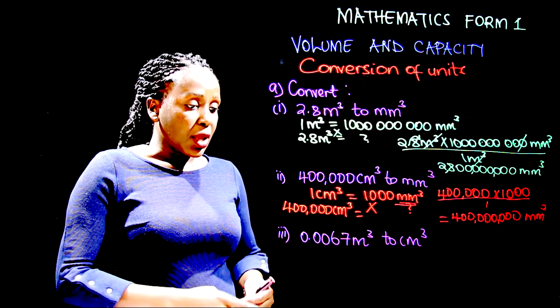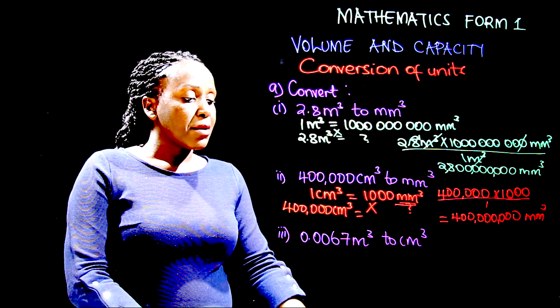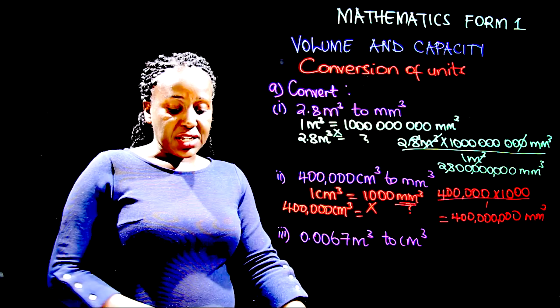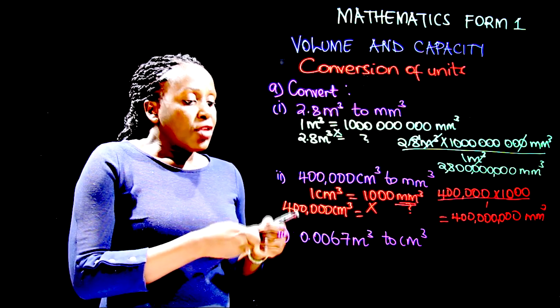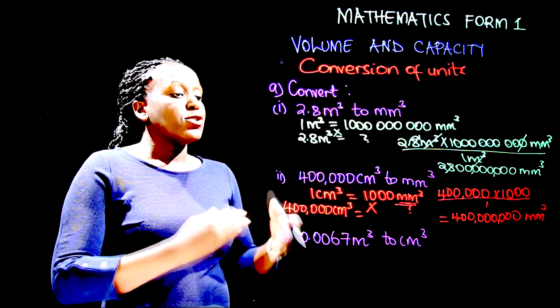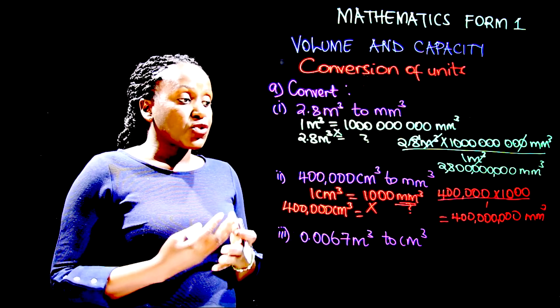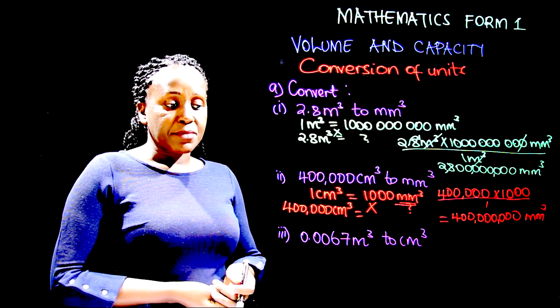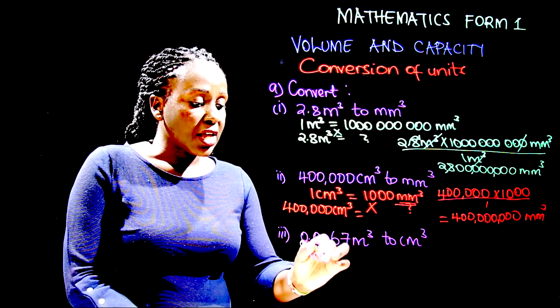Then finally, we have 0.0067 meters cubed to centimeters cubed. All right. So now we are comparing meters cubed to centimeters cubed. Again, you ask yourself, between the two units, which one is greater? Meters cubed is greater, so we start with 1 meters cubed.